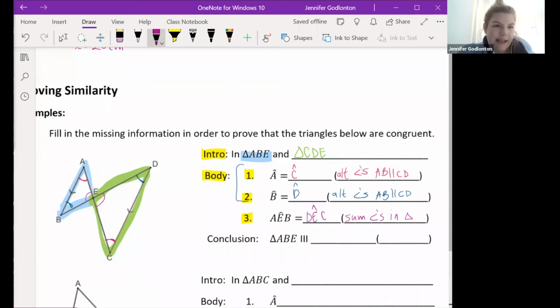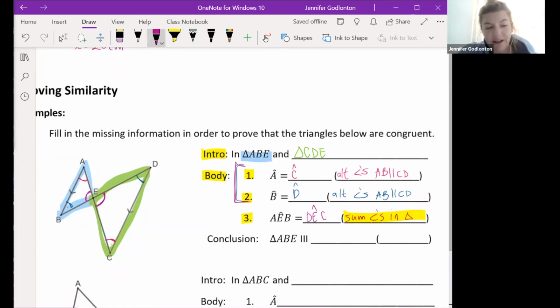All of this last line is saying is that if two of my angles are the same, then our third one has to be the same because all of our angles have to equal 180 degrees. So if you have found two angles, you are allowed to use this reason for your third angle all the time. You never have to think about your third angle. You're allowed to just write that reason.